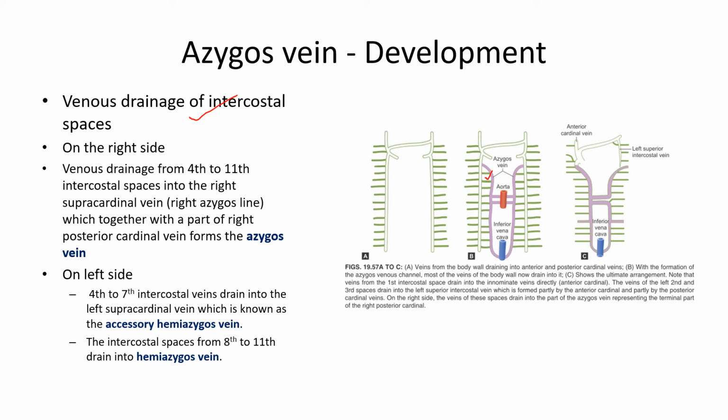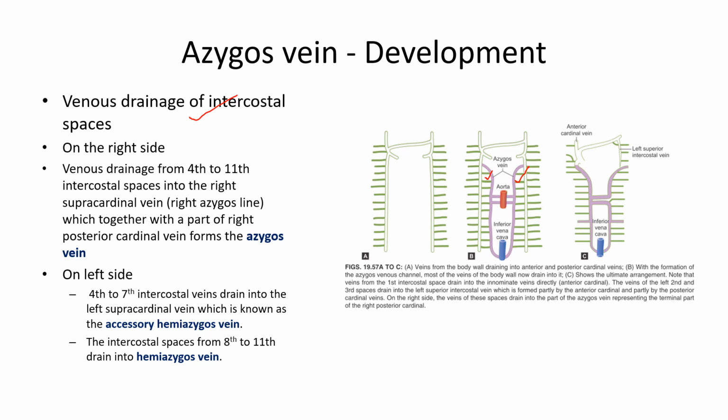And then the right supracardinal vein, along with part of the right posterior cardinal vein, will form the azygos vein. Whereas on the left side, the 4th to 7th intercostal veins drain into the left supracardinal vein, which is known as the accessory hemiazygos vein.